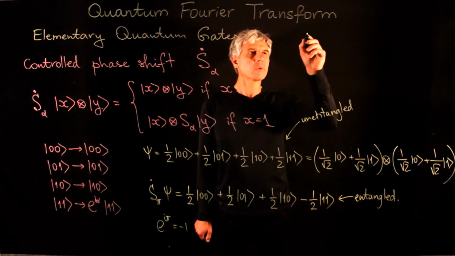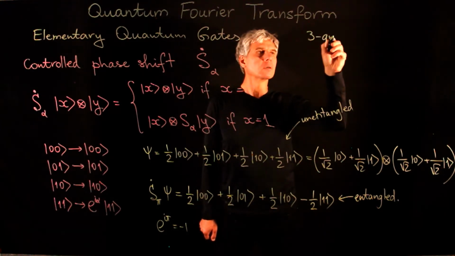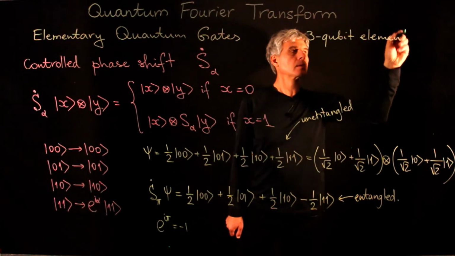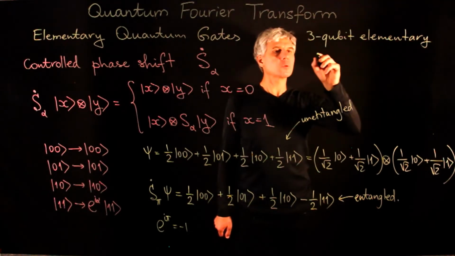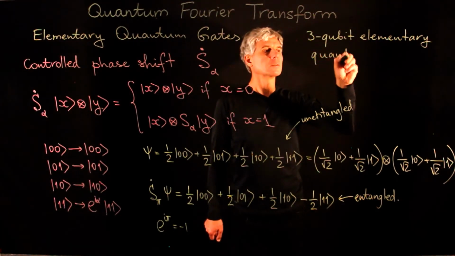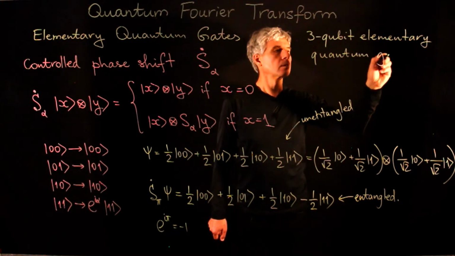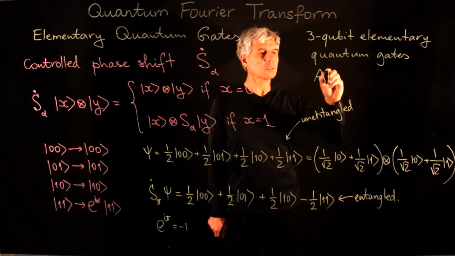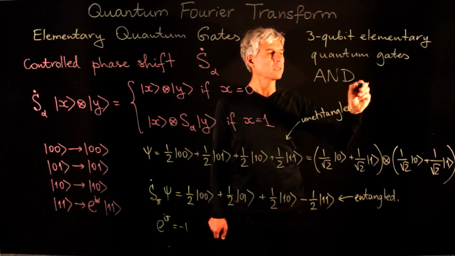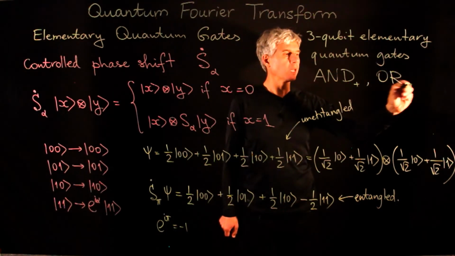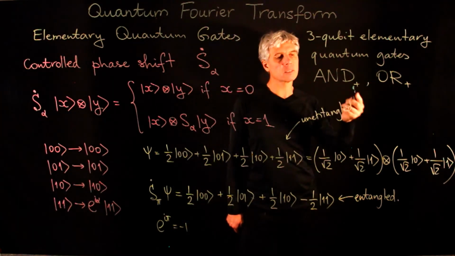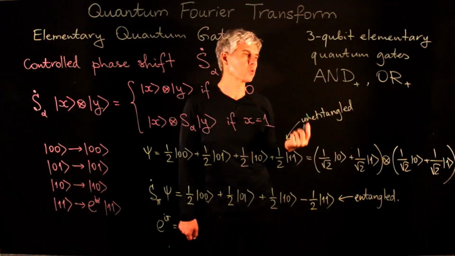And finally, the 3-qubit elementary quantum gates are AND with the plus, and OR with the plus. So these are permutation gates that operate on 3-qubit space.